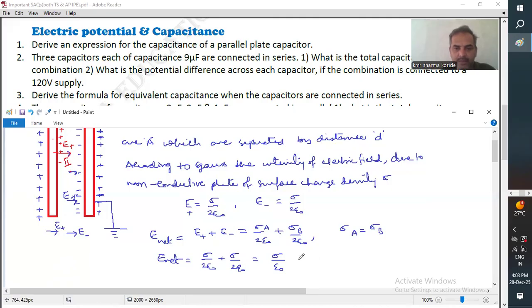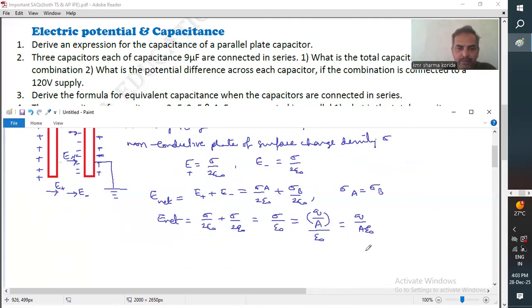But you know that surface charge density is charge divided by area, so this is Q by A, divided by epsilon naught. You get Q by A epsilon naught. Then we know the relation between the potential difference delta V, the electric field intensity, and the separation delta X: E is equal to, we call it the potential gradient.